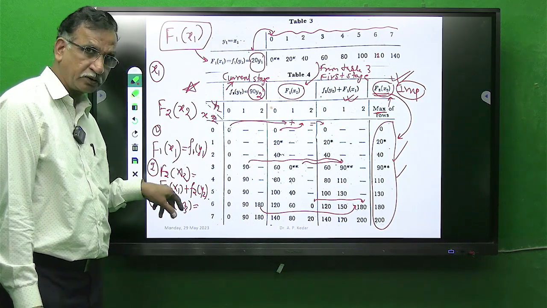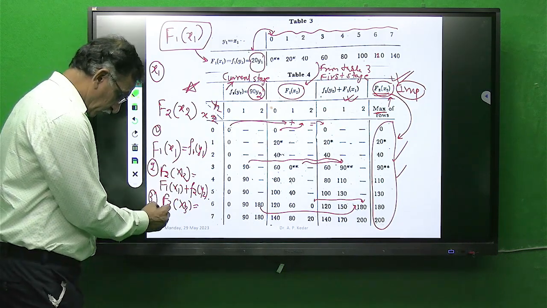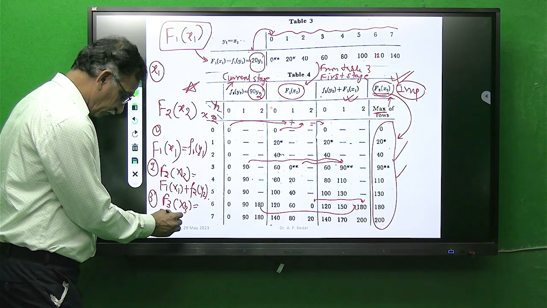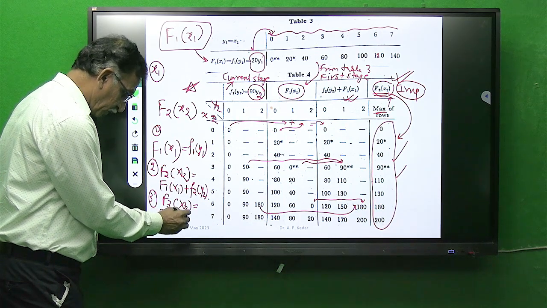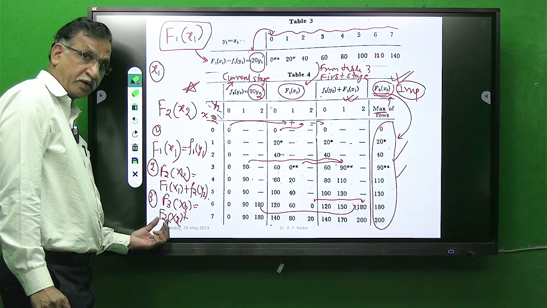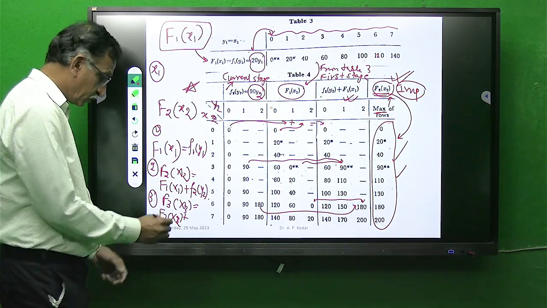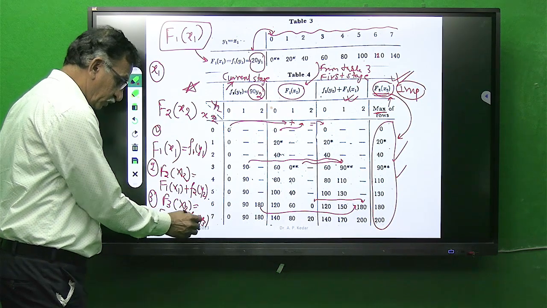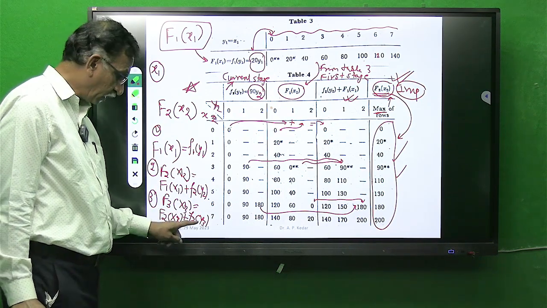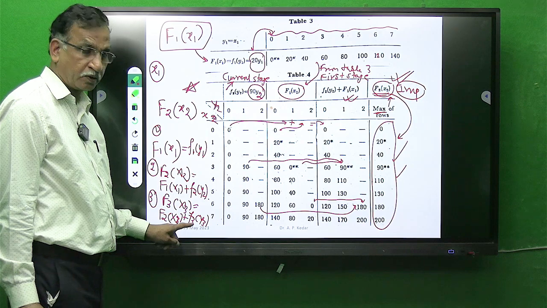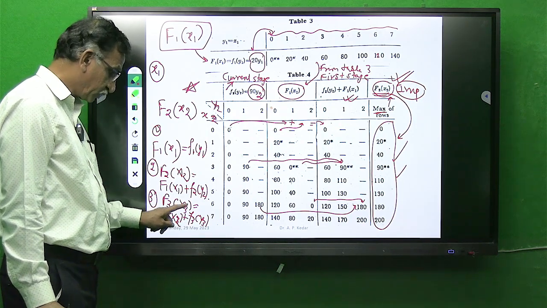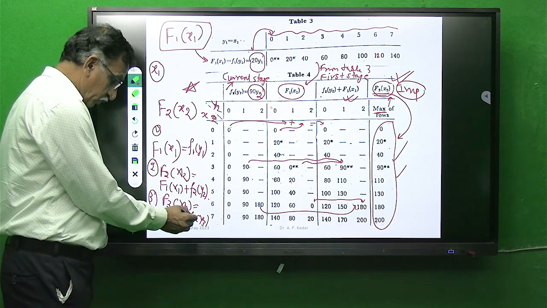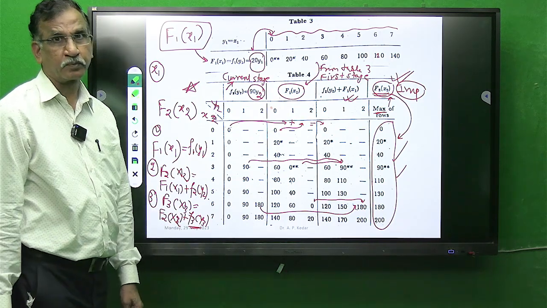In the similar fashion, it will be f2 x2, that is the optimal decision in the previous stage, plus the current stage decision y3 and the output from y3. So f3 x3 is equal to f2 x2 plus f3 y3. This is the current stage. Got it?